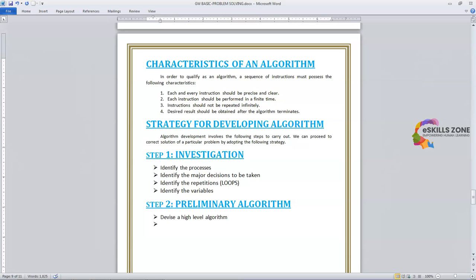Second step is step through the algorithm. Does this walkthrough reveal any major problems? If it does, then correct the problems.